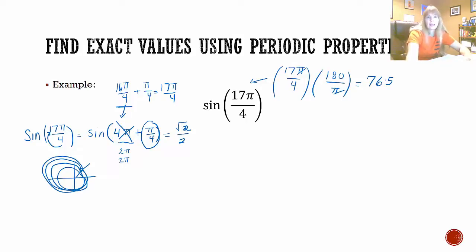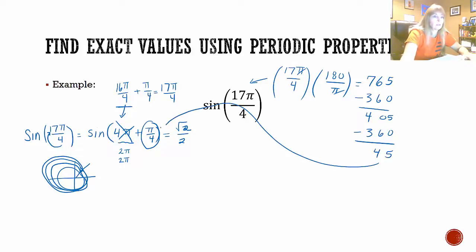Now from here, what I do is I subtract out 360, because that would take me all the way around, right? So if I subtract out 360, I get 405. Well, I subtract out another 360. If I subtract out 360, guess what I get? The pi over 4, the 45 degrees.